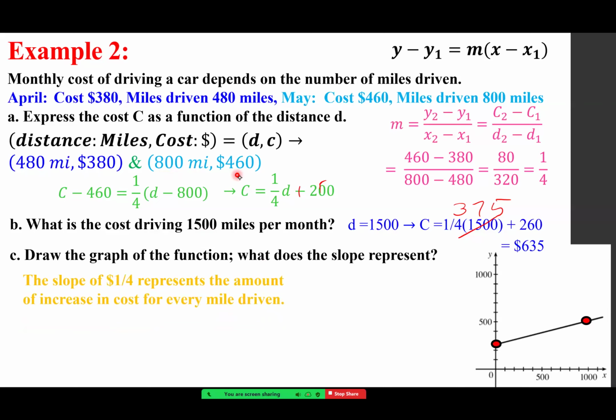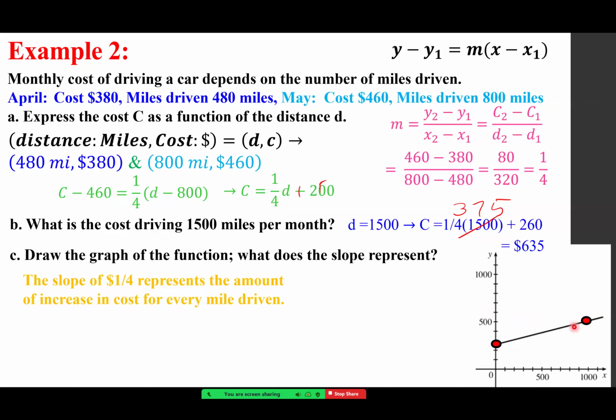Or if you go with this, (0, 260) is here, and then if you plug in 1,000, one-fourth of that, that's an easy number, is 250 with 260 is 510. So it's a little bit more than 500. And of course, we don't have it on the negative side, okay?